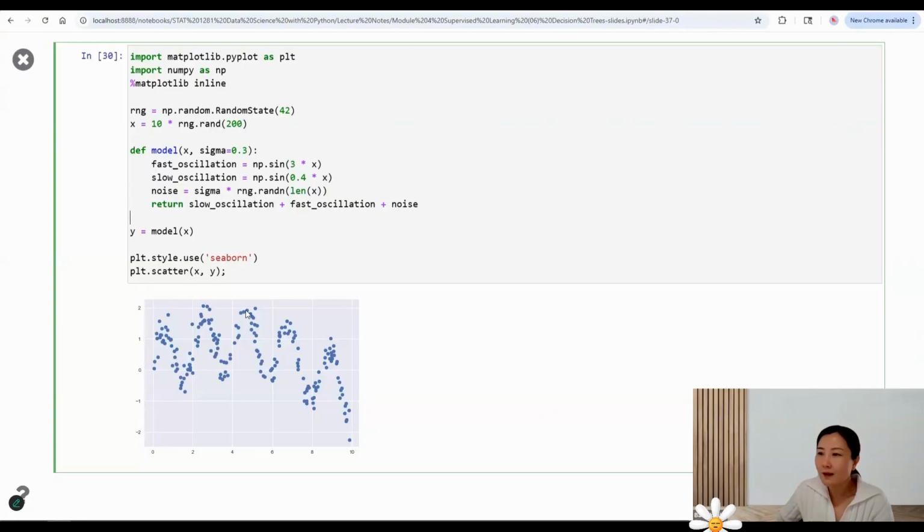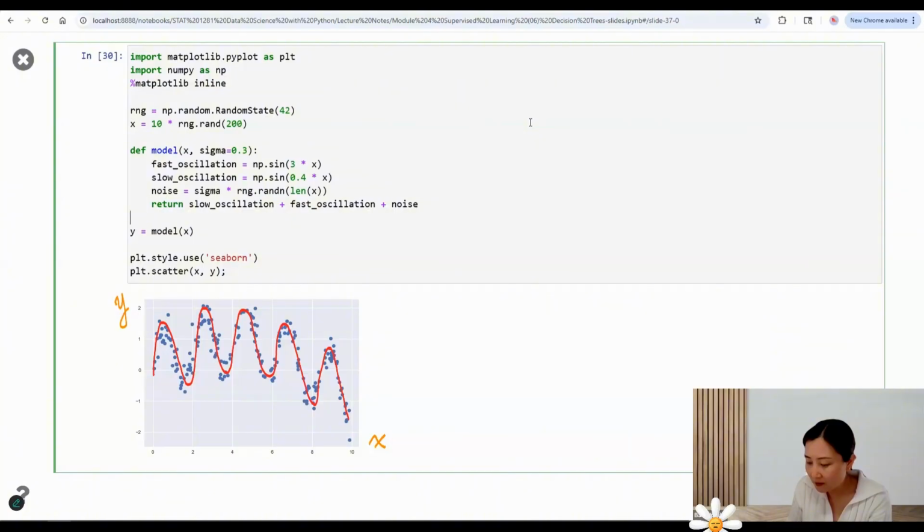If you look at this data set, suppose we have a single x and a single y. If we take a closer look at the relationship, you can see that there is a very complicated relationship between x and y. Even if we fit a polynomial model, it's very challenging.